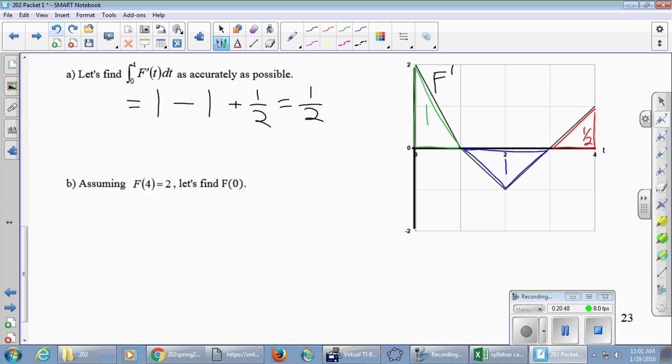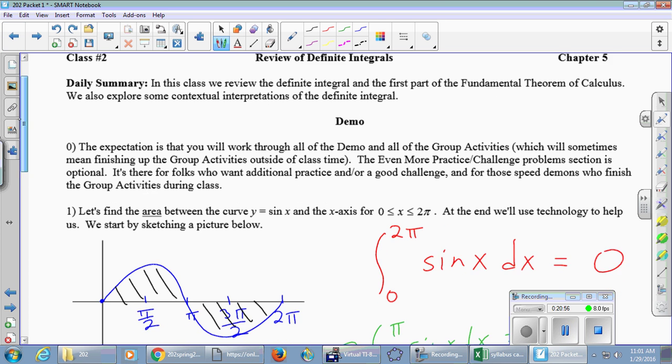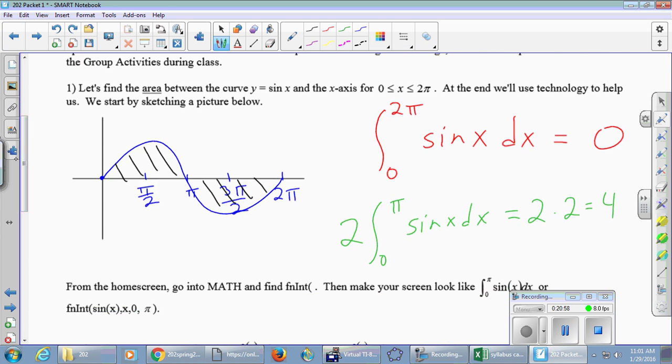So wait, one more time. Explain why. What's the difference between calculating them as absolutes or signed? So the question that we answered first said find the area. And area is always a positive thing. We had to do a little bit of finagling because the calculator was going to cancel these areas out if we just asked it to find the whole integral from 0 to 2 pi.